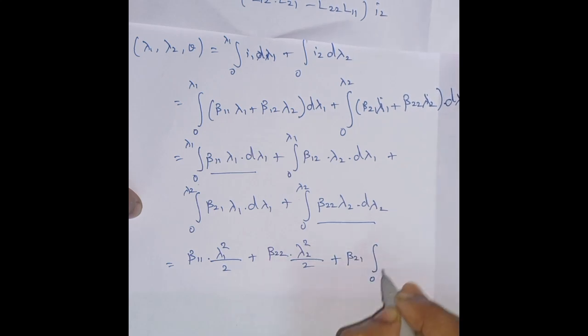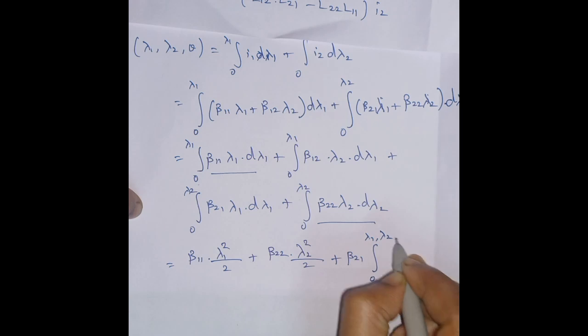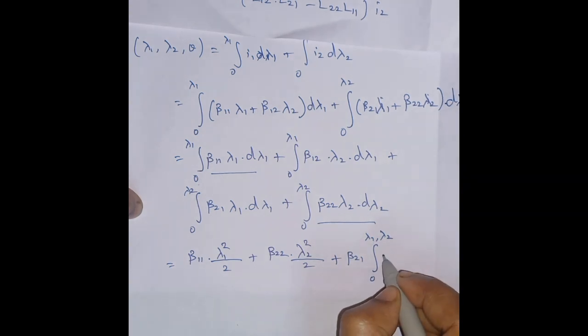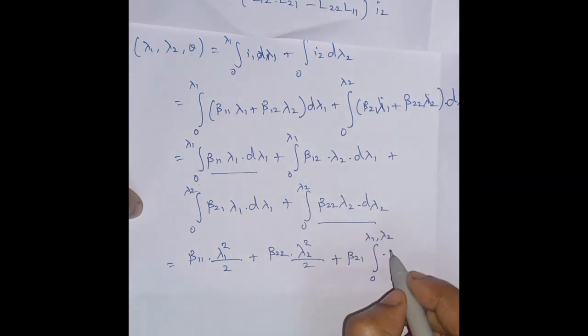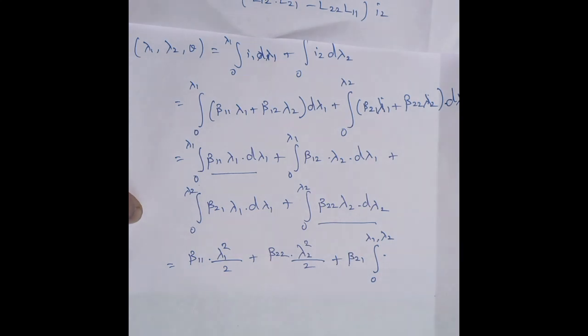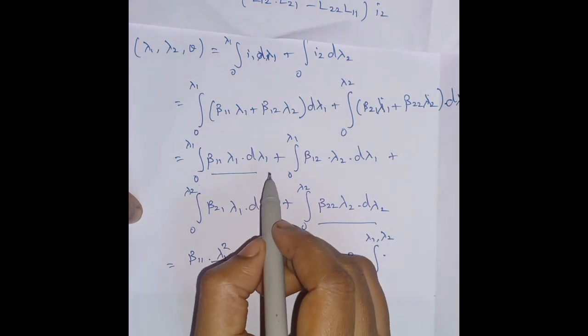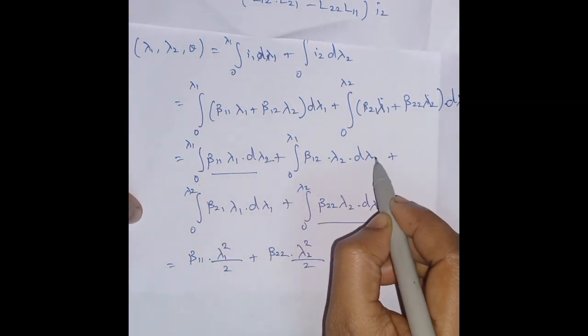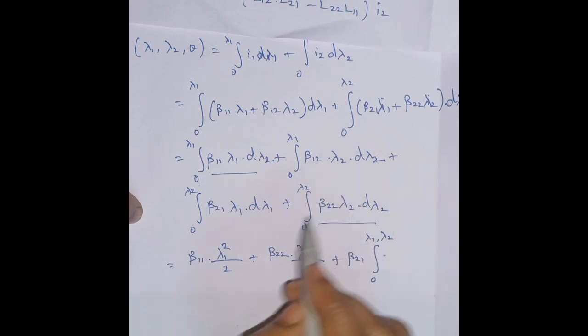The integration is 0 to lambda 1, lambda 2, correct? I can write this as the third term. Here I'll get d lambda 2.